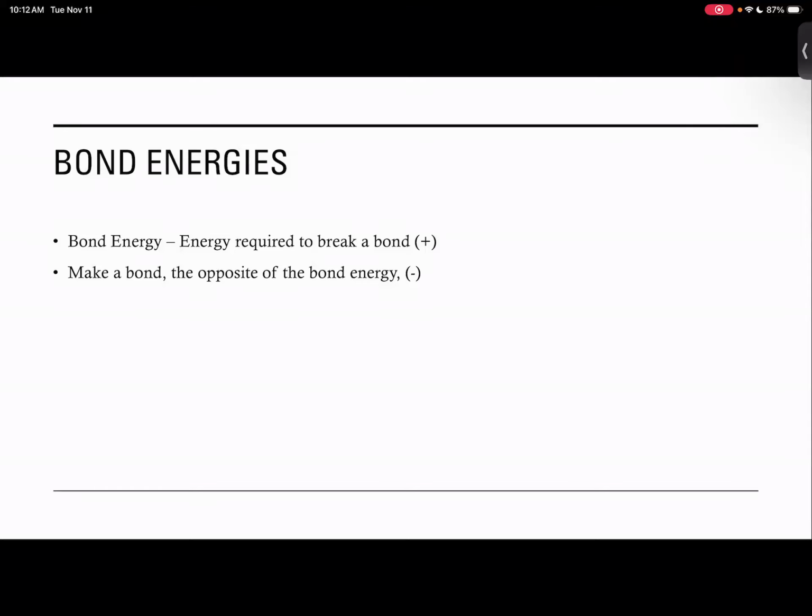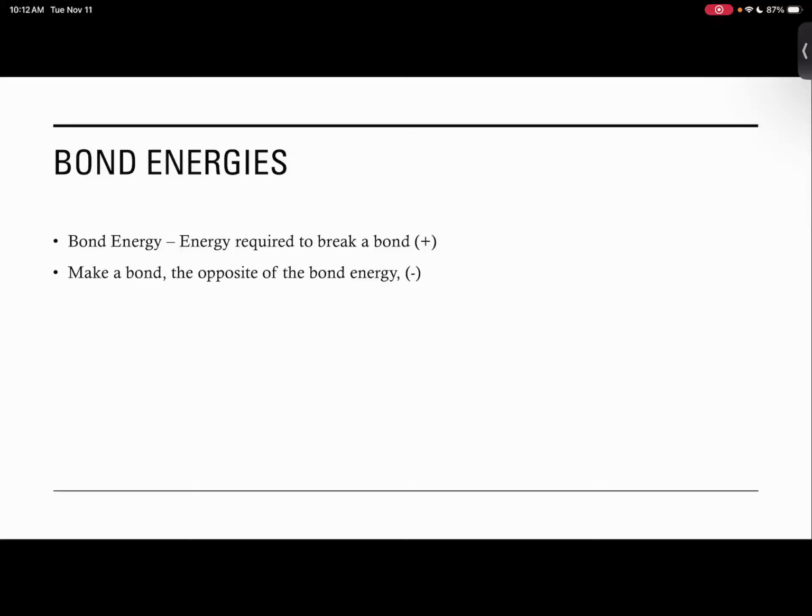Now, with respect to bond energies, you can think of a bond like a stick. You have to put energy in to break it, and every time you put energy in, it's a positive value. When a bond is made, it's the opposite in energy, and therefore it would be a negative value.